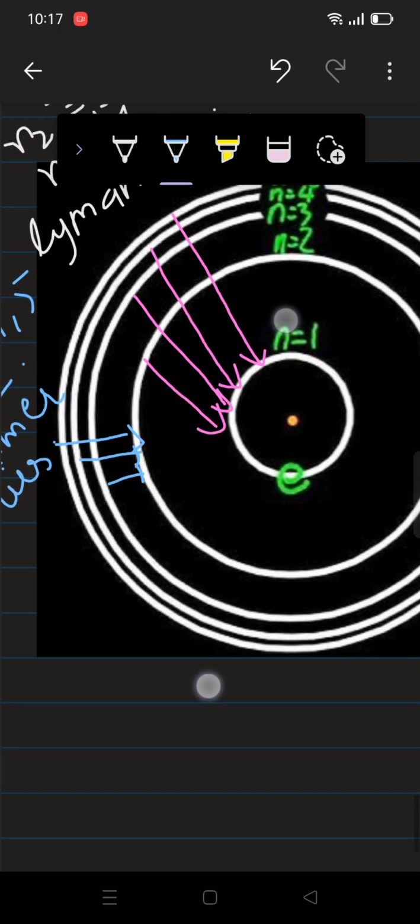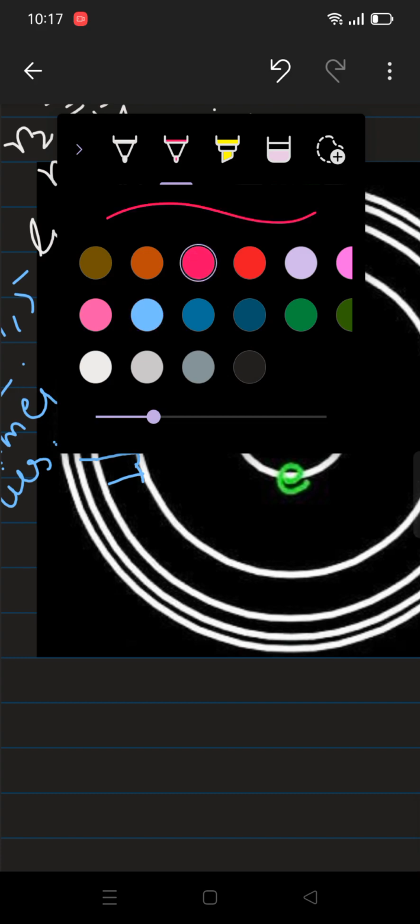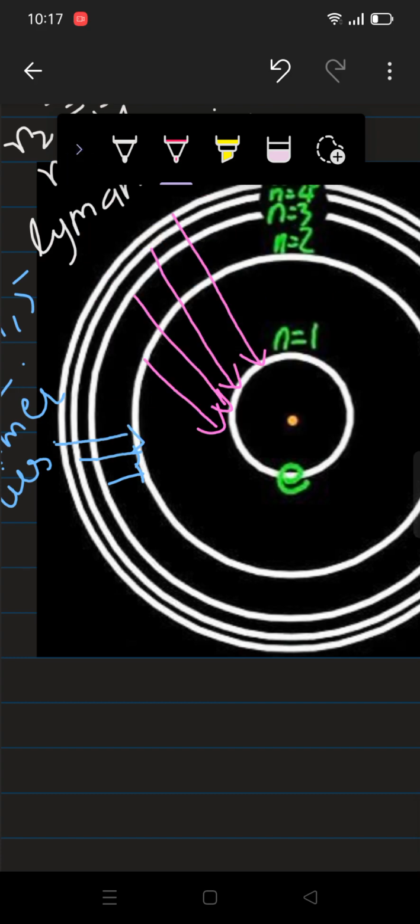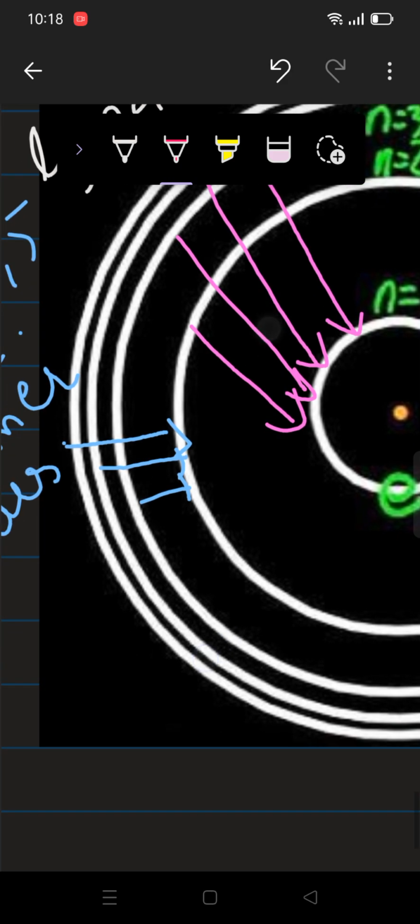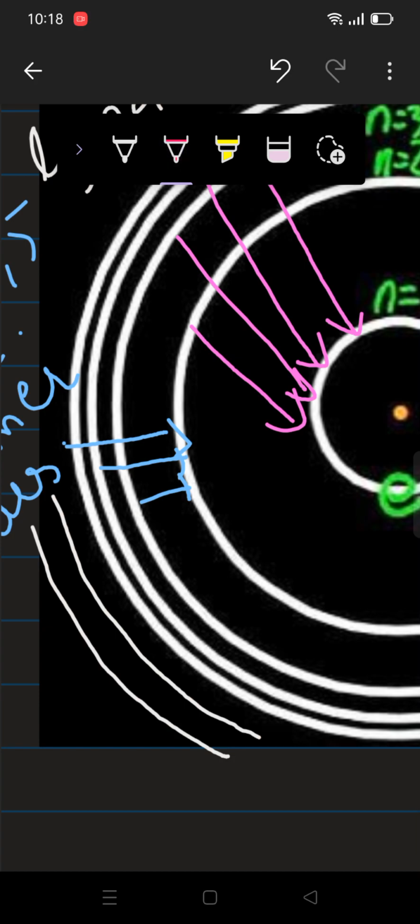Now we have the third series, which is called the Paschen series, in which the electron comes from anywhere, for example, I have an orbit here as well, and falls on n3.